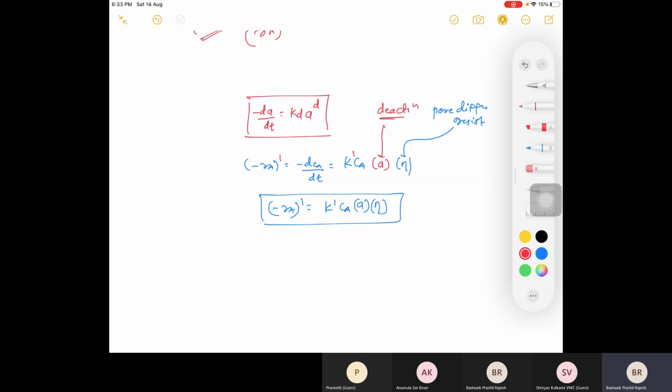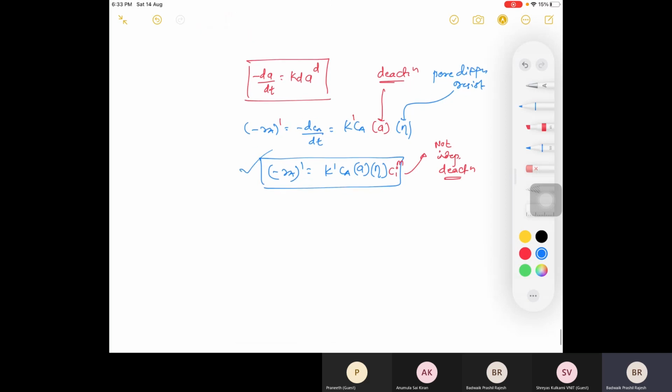What is that? If it is not independent, yes, that is Ci to the power m. So it is there when it is not independent deactivation. We saw what is independent and what is non-independent, or dependent, deactivation. So this is the equation we are having.